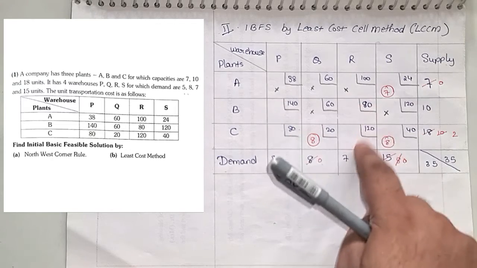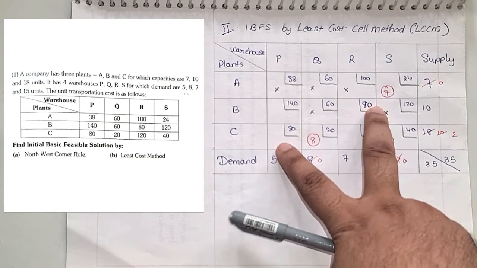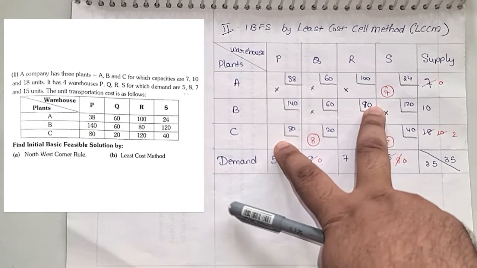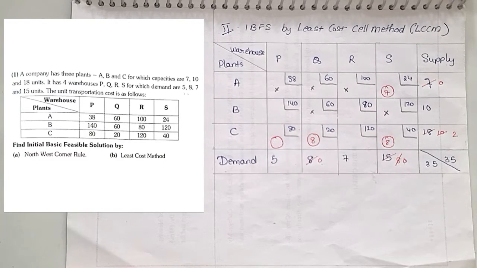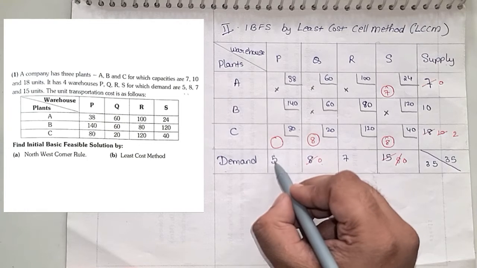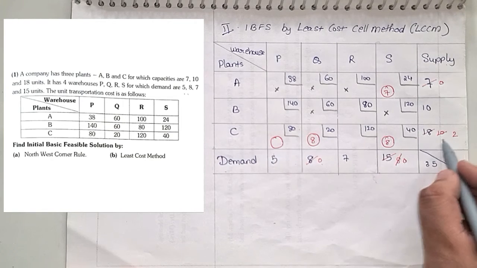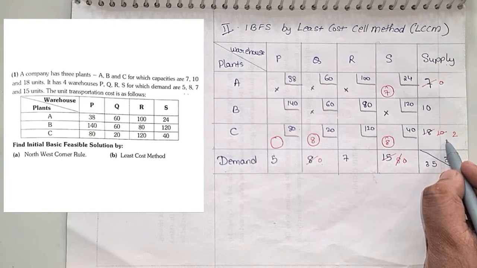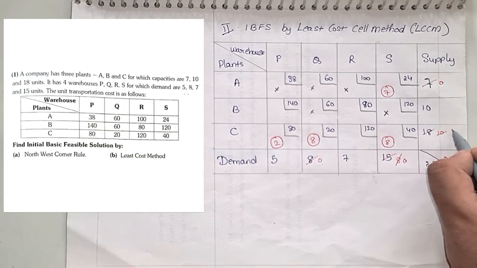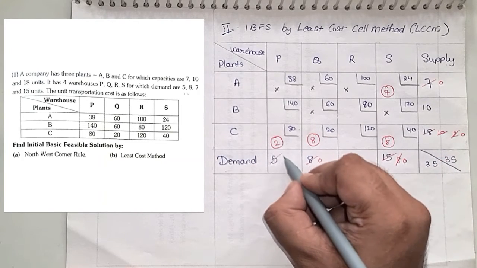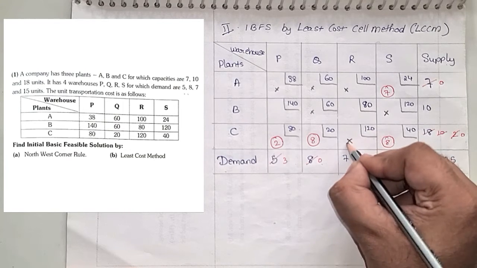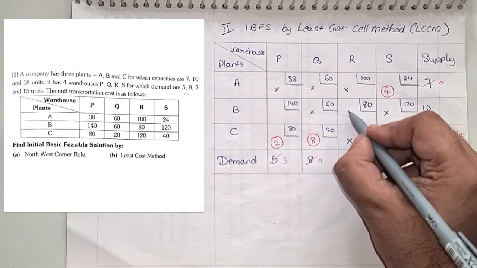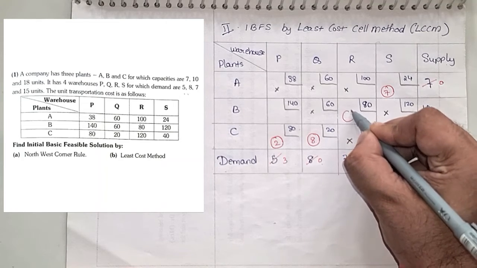So from these four, the lowest value is now 80 and 80 in both. So one by one we will fulfill it. First I'll fulfill this one. Demand is 5, but supply is only 2, so I can only fulfill 2. This has become 0. 3 is still pending. Since this has become 0, this goes X. Now as we said, we'll go with this one.